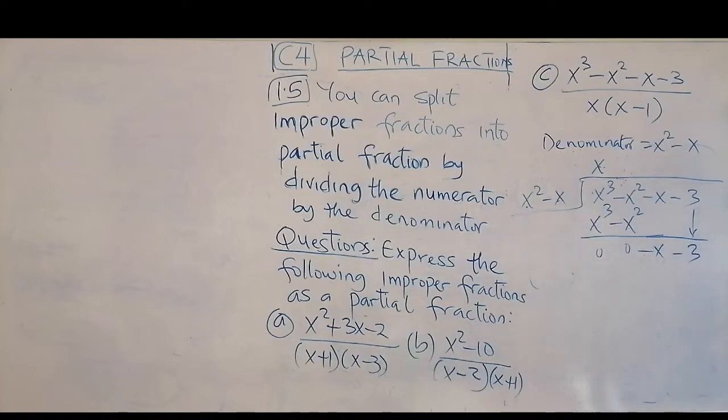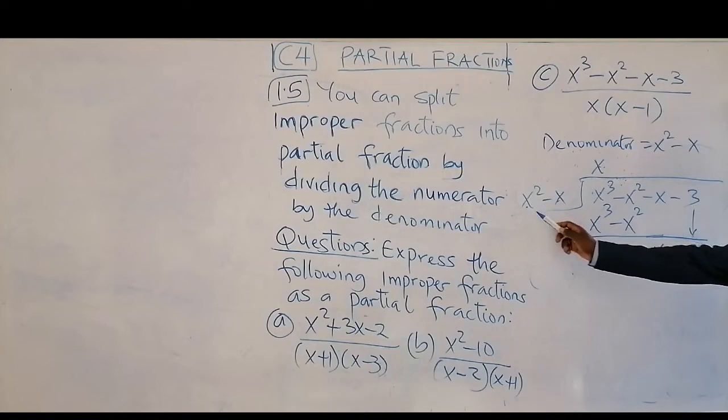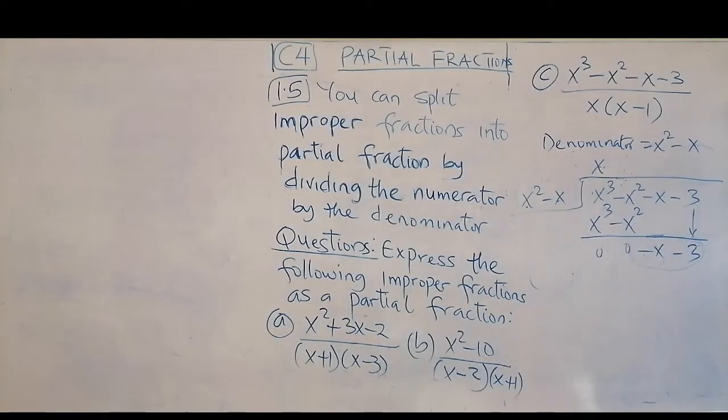And this remainder now is lesser in power than this one. This is power 1, this is power 2. So in that case, that's where I'm going to stop my division.